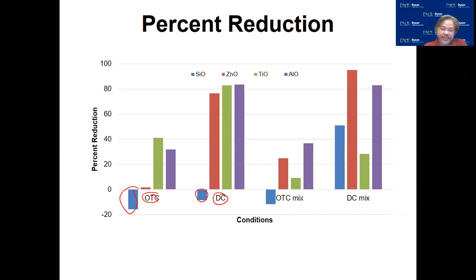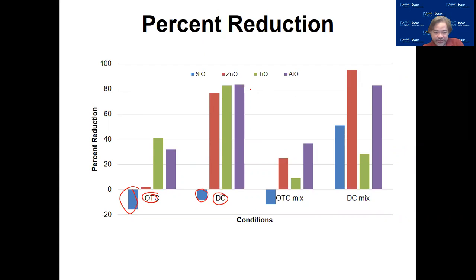And we found out that the reduction is much higher if you have them in mixed form, like for the one that has the zinc oxide. But that's the only one. At least the aluminum oxide has the same performance, whether they are in mix or on their own.